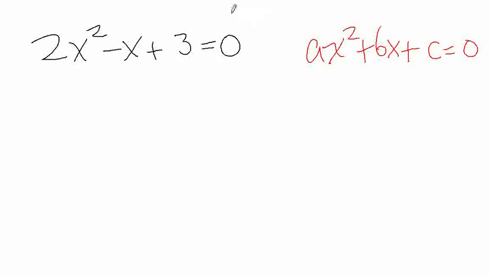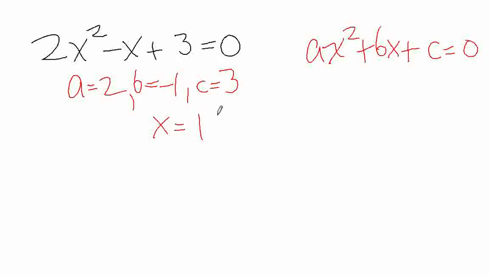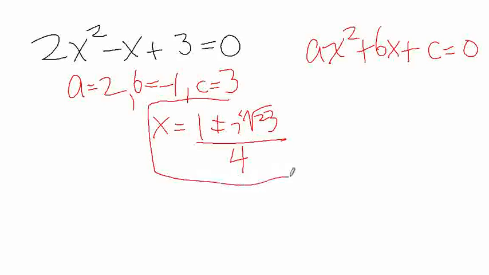Pause the video now if you like. Okay, so I'll go ahead and do it now. So for this one, a is 2, b is minus 1, and c is equal to 3. Okay, so plugging into the quadratic formula, you should get x is equal to 1 plus or minus i times the square root of 23 over 4.